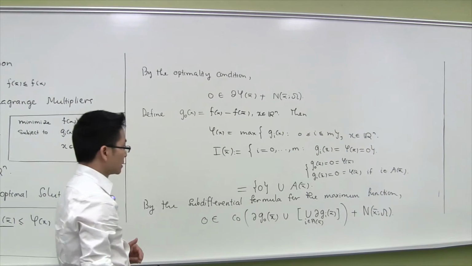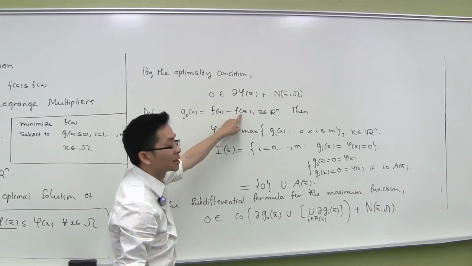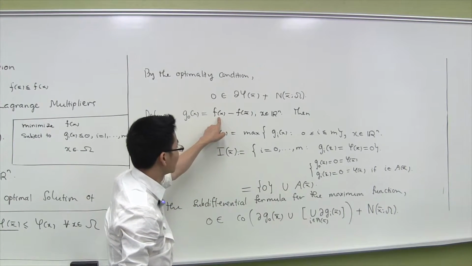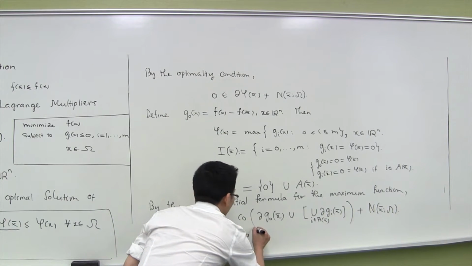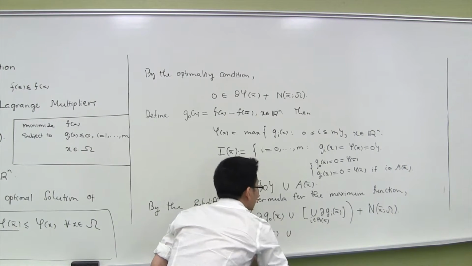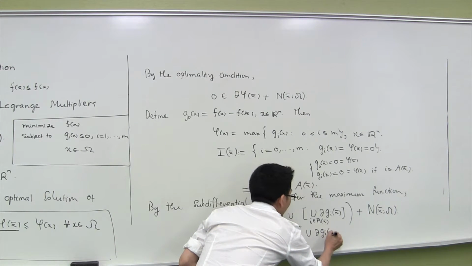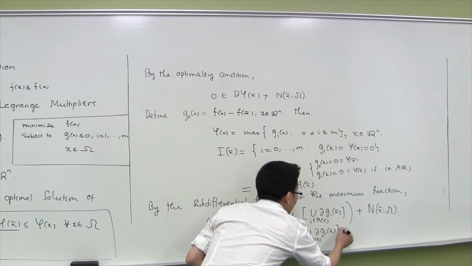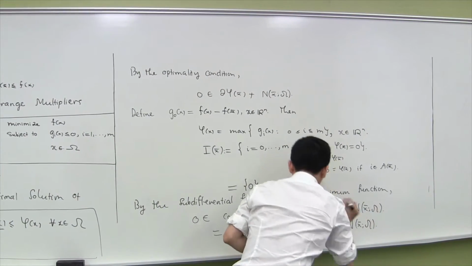Now, because g_0 of x is f of x minus a constant, the subdifferential of g_0 at x bar is equal to the subdifferential of the function f at x bar. So this is equal to the convex hull of the subdifferential of f at x bar, and then we take the union with the union of the subdifferentials of g_i at x bar, where i runs in A of x bar, plus the normal cone to the set omega at x bar.